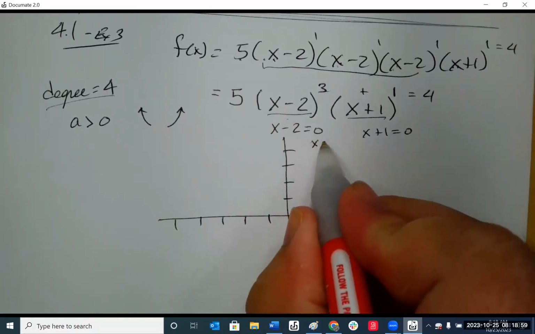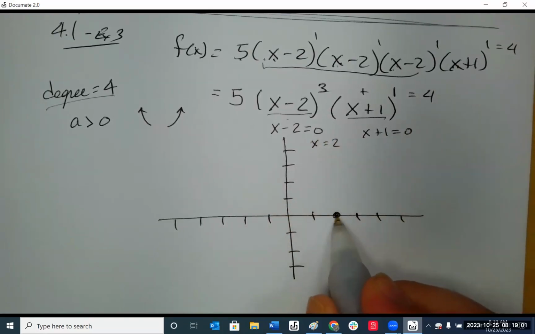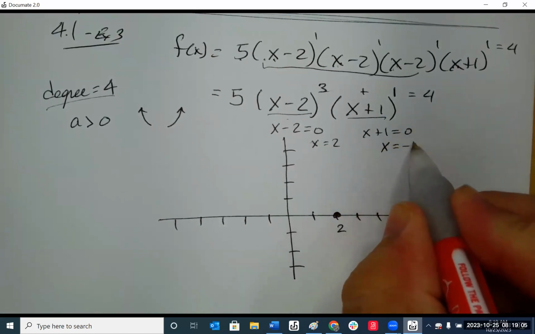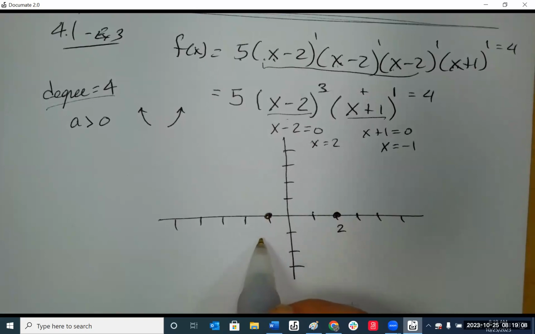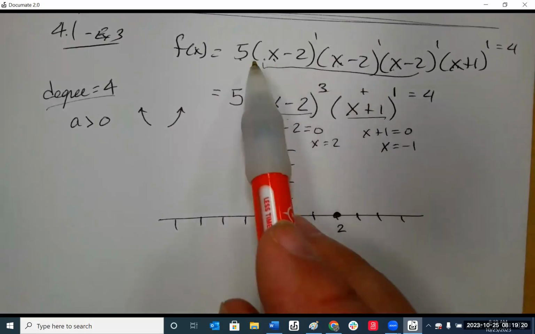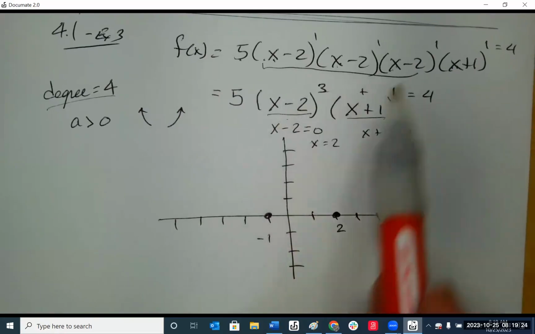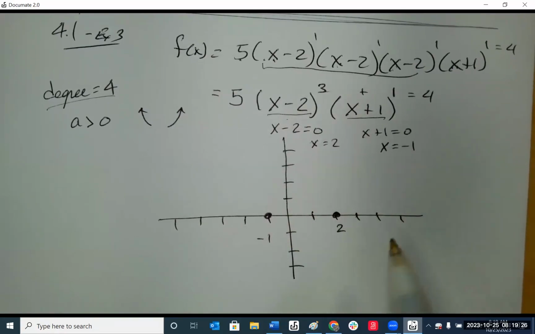And so we get x equals 2. That's one of our x-intercepts. And x equals negative 1. That's another one of our x-intercepts. So once you get to the factored form, set each one of the factors equal to 0 and put a dot there. That's our x-intercept. How do we find our y-intercept?